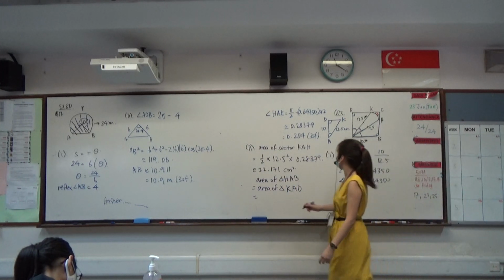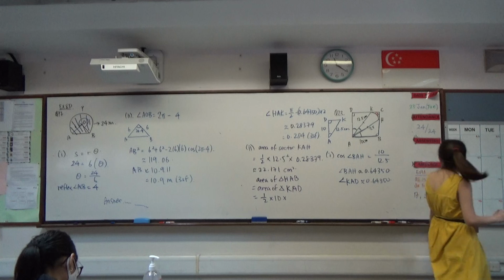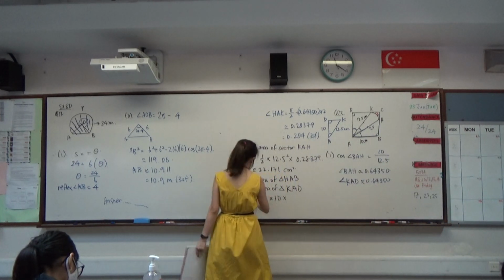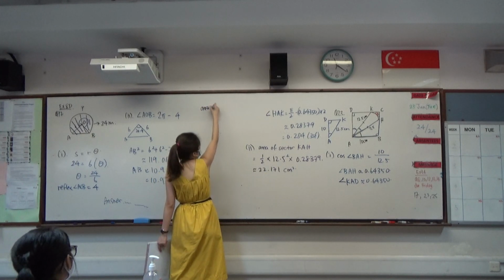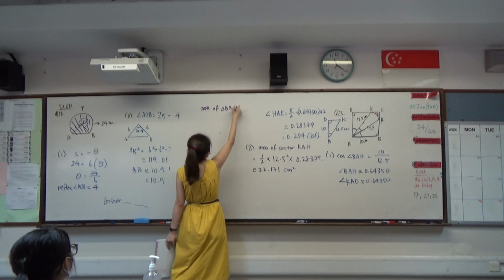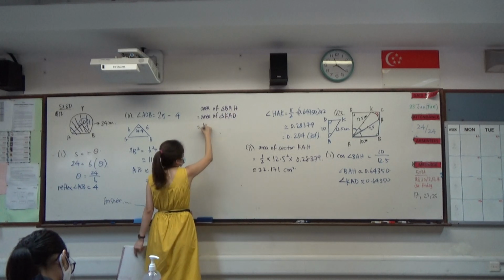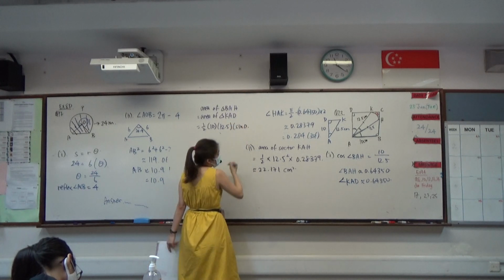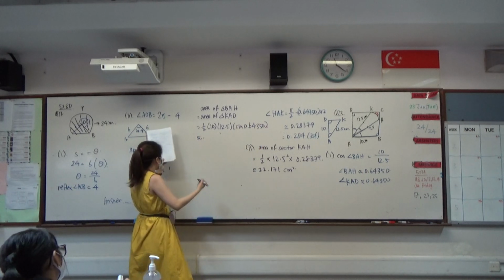Okay, we take half times 10 times 12.5. Sorry, we can't do half times base times height. We got to do half AB sine C. So you find that value here, right?